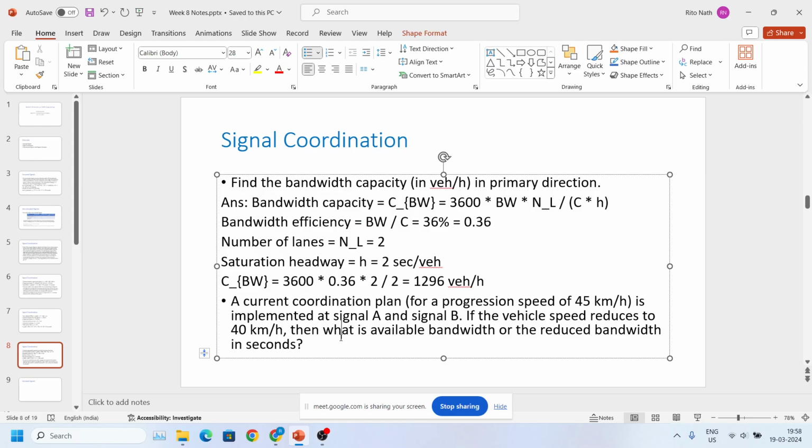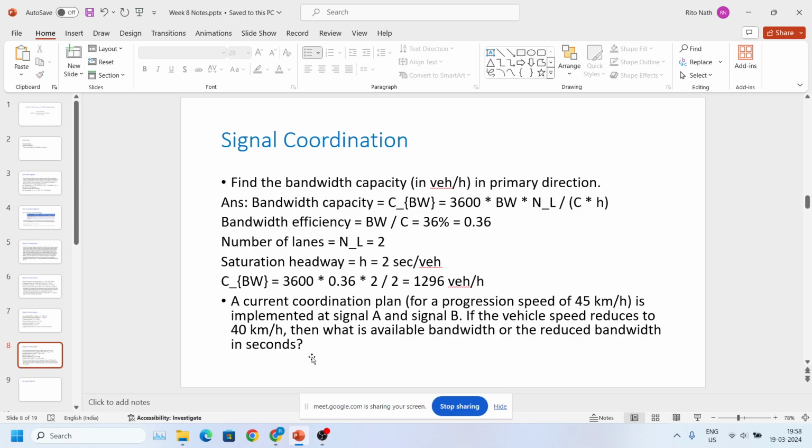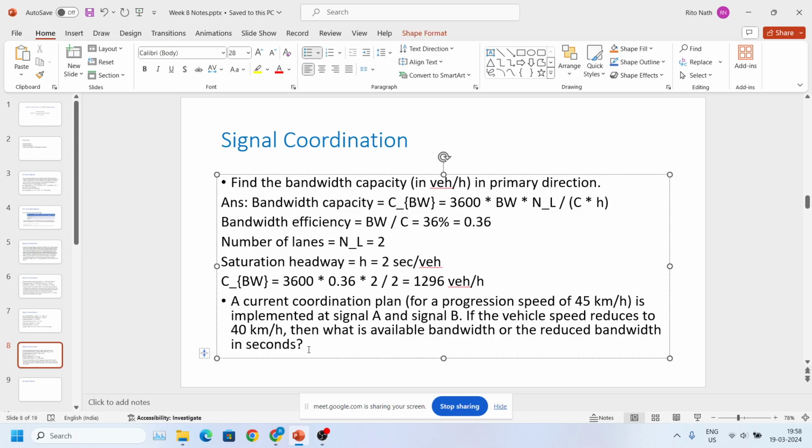So how do you solve it? So you can take a look at this and I'll probably solve it in the next slide.